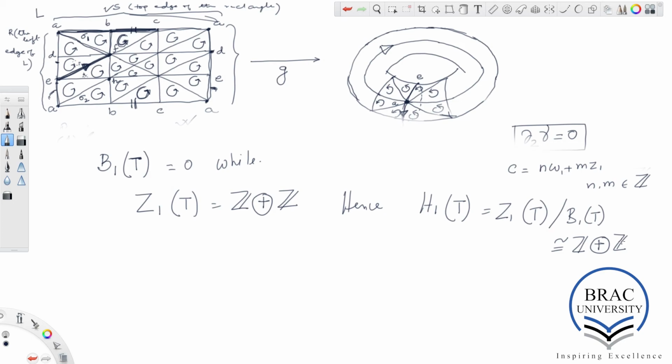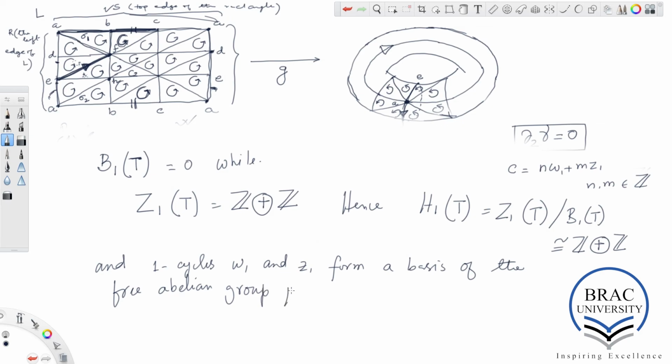Okay. And so since any one cycle is written as NW1 plus MZ1, the one cycles W1 and Z1 form a basis of the free abelian group H1 of T. Okay, no torsion present here for the case of two torus.